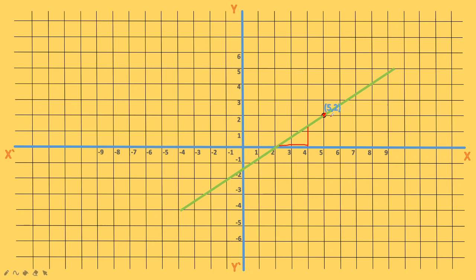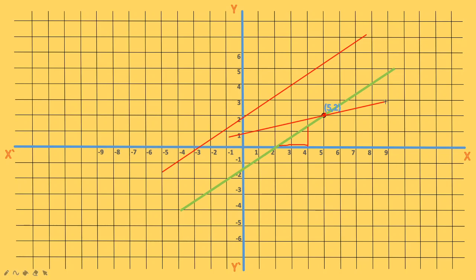For example, I can draw a different line like this which has the same slope. This line has the same slope, but it doesn't pass through 5 comma 2. Do you see that? At the same time, I can draw a different line like this which has a different slope, but it passes through 5 comma 2.